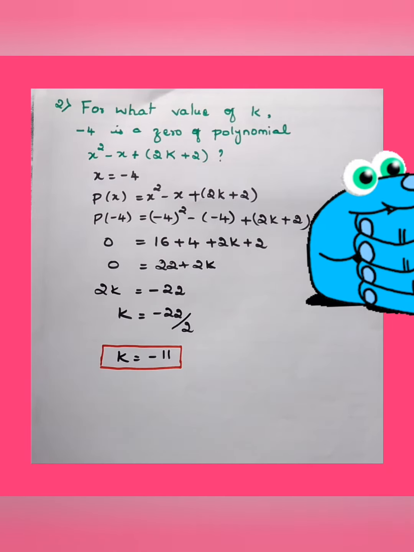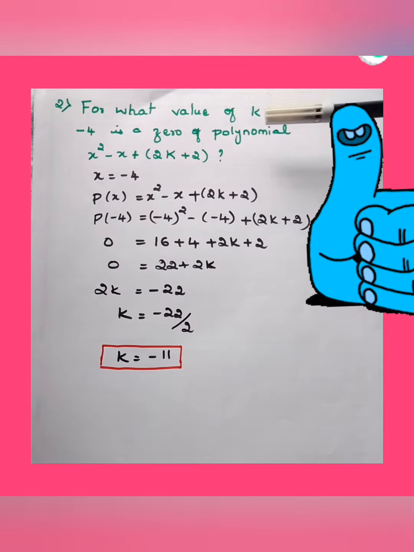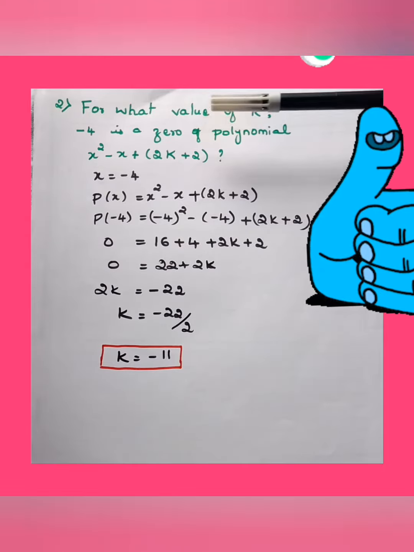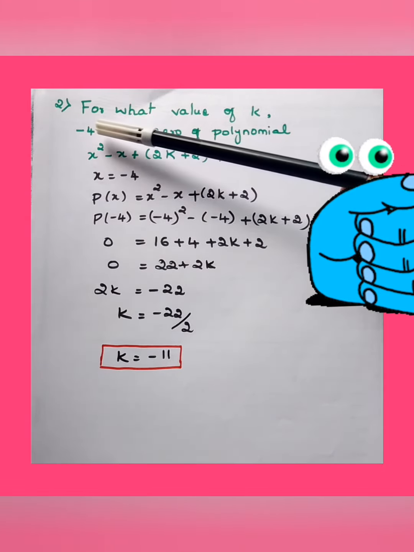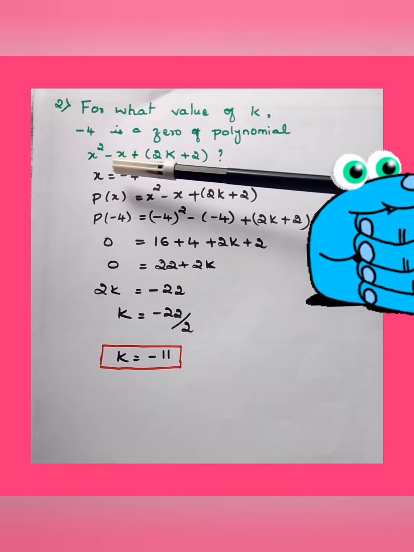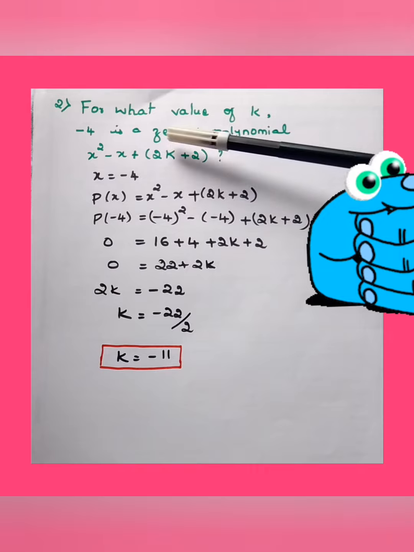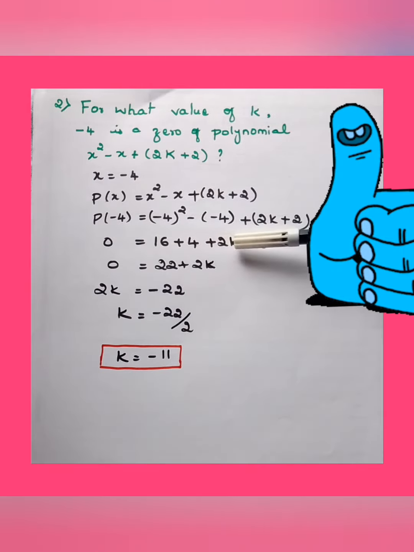Next question: for what value of k is minus 4 a 0 of the polynomial x square minus x plus 2k plus 2? Here we have to take the value of x is equal to minus 4. Substituting x is equal to minus 4, you will get an equation, and equating that to 0 because they have given minus 4 is a 0 of the polynomial, you get this equation.